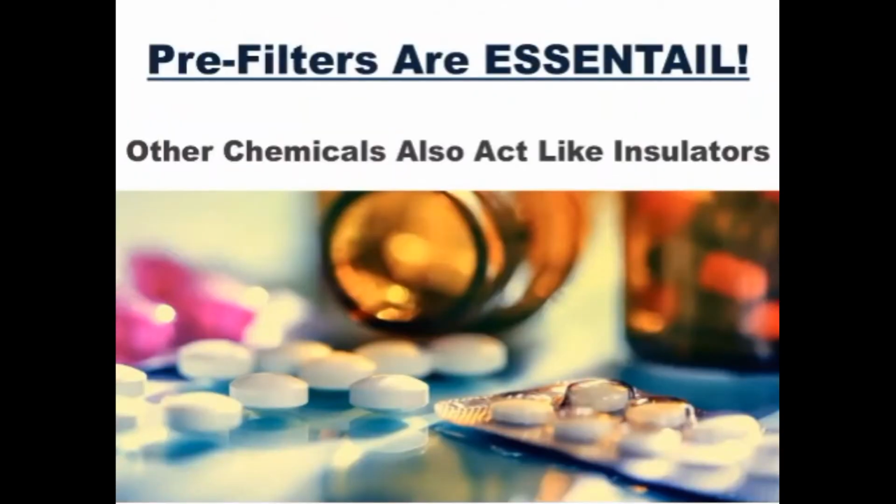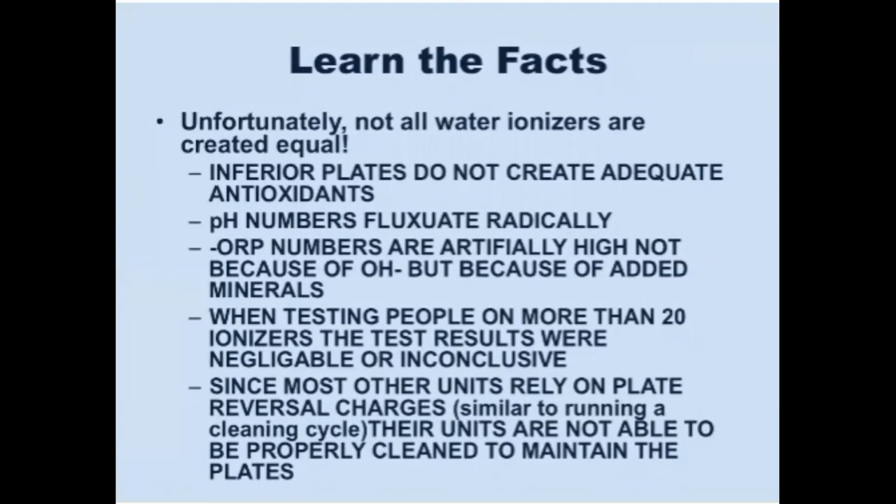And other chemicals also act like insulators. There's lots of drugs that will impede the flow of electricity through the water. So it's very important to learn the facts. And you can see that I've added to this from some previous presentations.